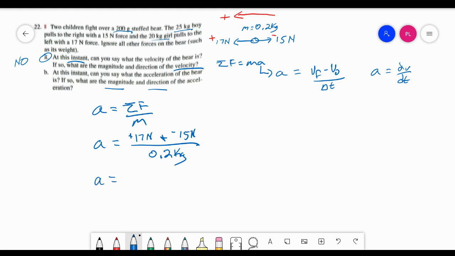So 17 plus a negative 15 is a positive 2 newtons over 0.2 kilograms. That gives me an acceleration of positive 2 over 0.2, or 10 newtons per kilogram.